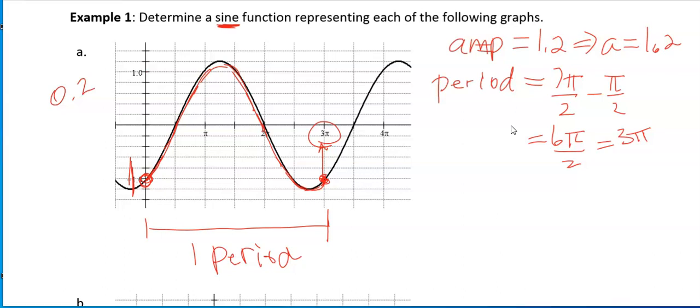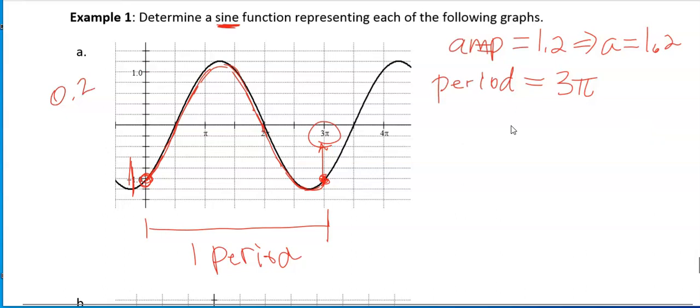You can find any two, like I say, corresponding points on adjacent parts of your curve and do a subtraction like I did right here. Or you can just pick the y value or the y-intercept and the next point to it. Now that's the way I usually do it. And it's usually pretty straightforward. So there's my period, it's 3 pi. Whichever way you do it, you're going to get 3 pi for your period.